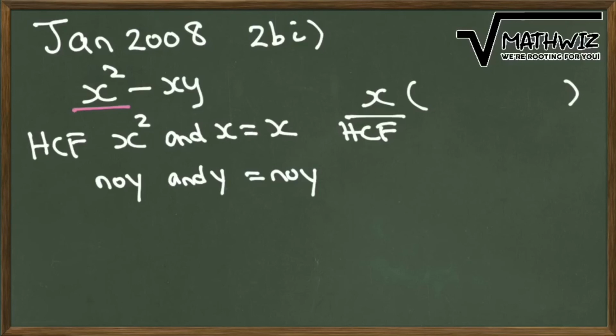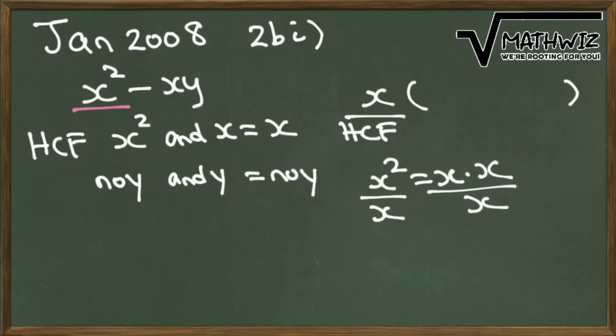So we take the first term, which is x squared, and we say put that over the HCF. So we have x times x over x. So you go ahead and cancel, and what's left back is x. Then we take the minus and we put it back.